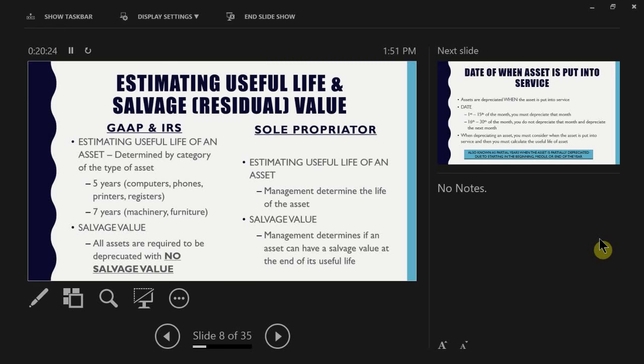I can't say in 10 years that I can still sell it for $400. No, it's not worth $400 at that point. It still holds a value. However, realistically, no one's going to buy it for $400. So you have to make some kind of salvage value that is determinable and that's actually reasonable.